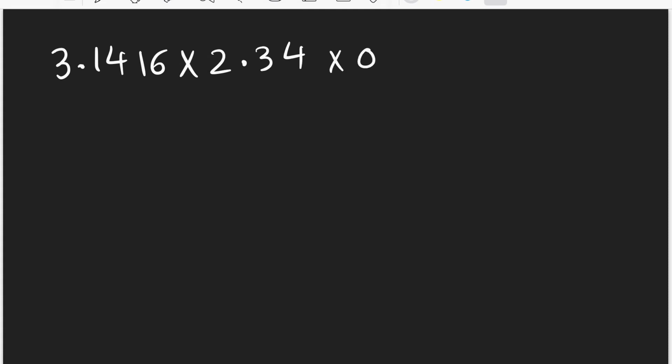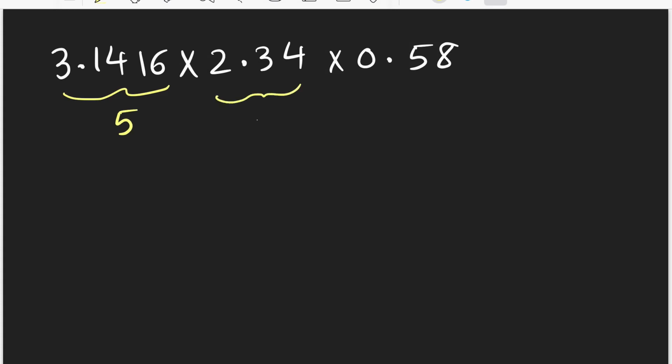The first example is this. I want to multiply these numbers, 3.1416 multiplied by 2.34 times 0.58. I see that the first one has 5 significant digits.